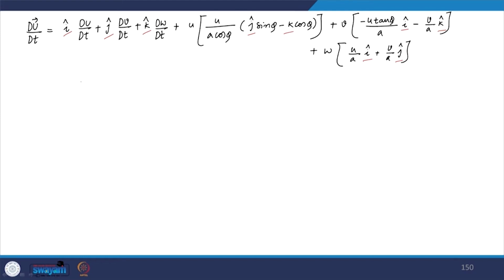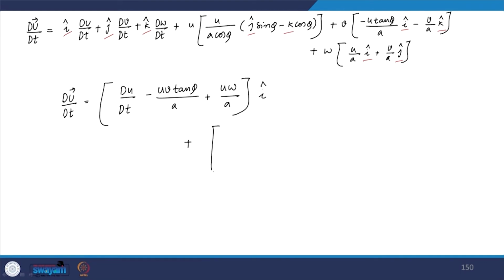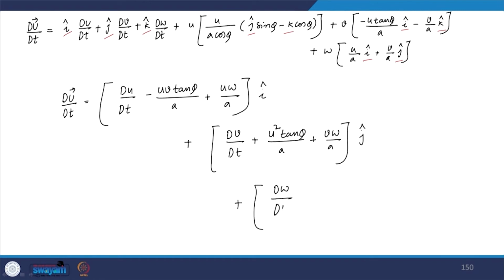So, if I take the unit vectors as common factors, I will write du by dt is equal to i cap, right.